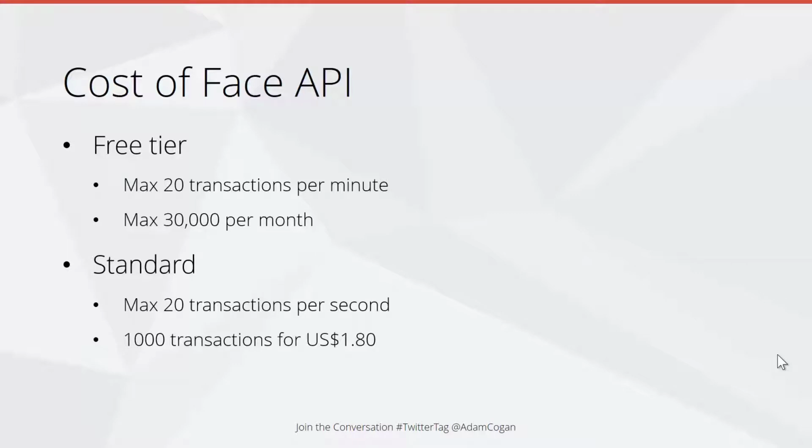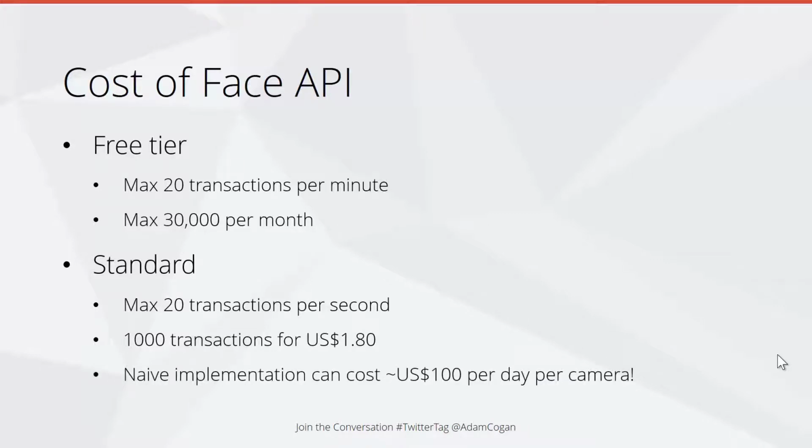You have 20 transactions per second, and for each 1,000 transactions, it costs you $1.80 US dollars. But what happens if you do a naive implementation? It can bump the cost up to $100 per day. And that's US dollars, not Australian.